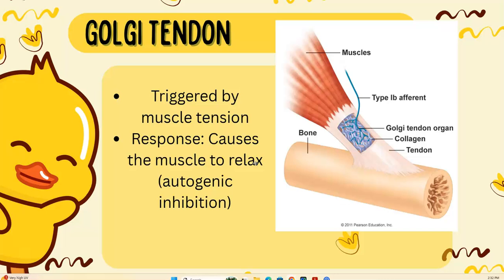The Golgi tendon organ sends a signal up to the spinal cord, which then tells the body to relax. So what is this really using? It's using autogenic inhibition, which really just means with contraction comes relaxation. We're going to use this in some of our PNF techniques that I'm going to be talking about shortly.